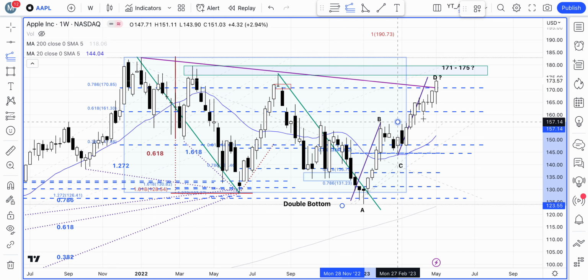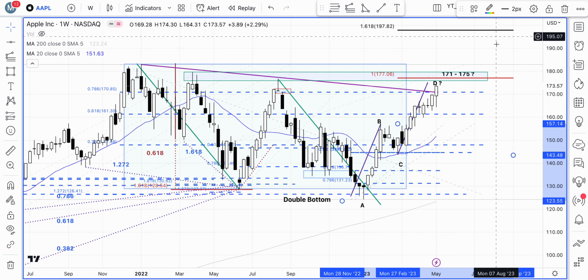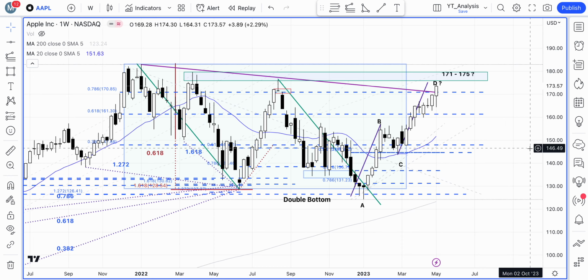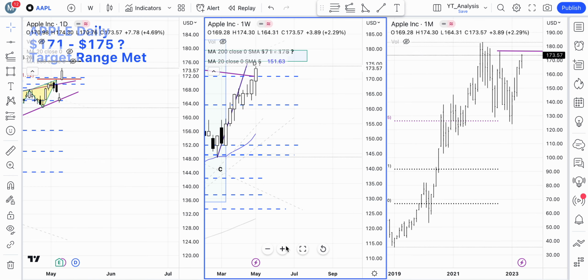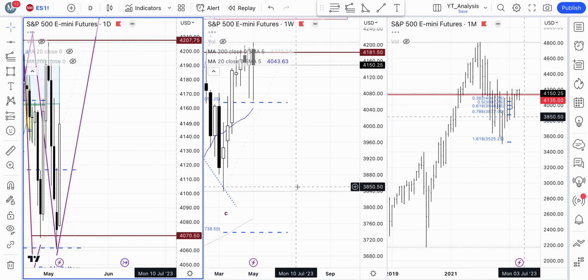So let's just quickly take a look at that. 1.618 would in fact break out of this range and go to around $197 per share level. That's also a possibility. All depends upon how the market is going to perform when it reaches this zone that we are looking at. So guys, this is what we are looking at in terms of the major stock indices.